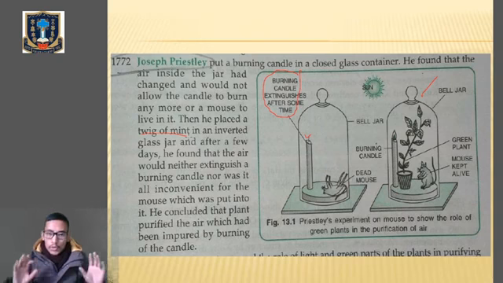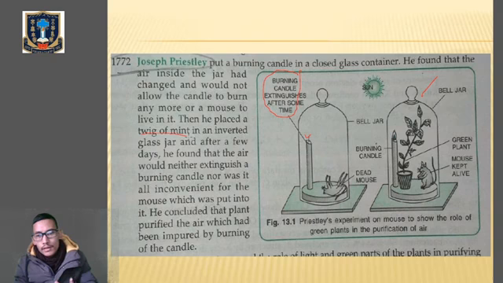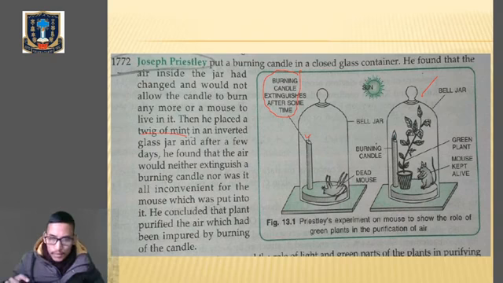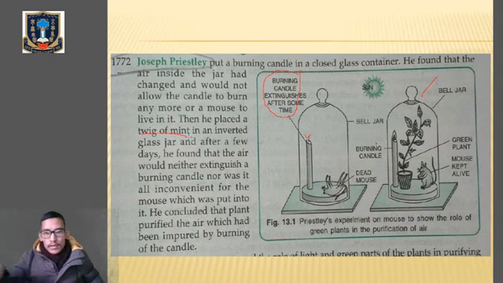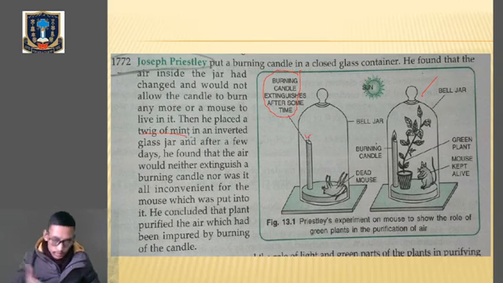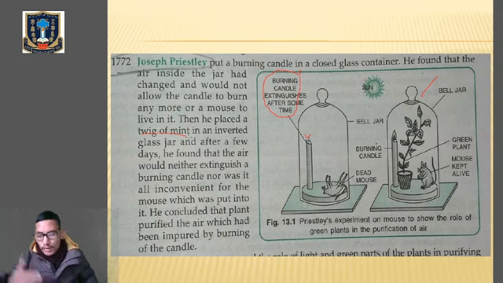So what Joseph Priestley had done: in the first glass container he simply put the burning candle and the mouse. The burning candle changed the quality of the air inside the glass container, due to which the mouse died, because the air was not being purified in the first glass container. But in the second glass container he put the burning candle, the mouse and a twig of mint.